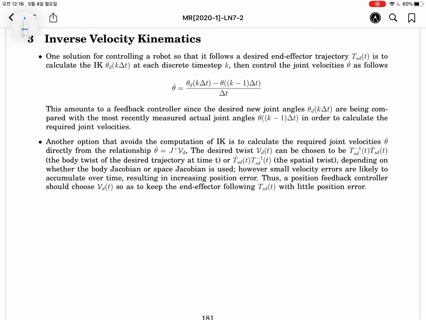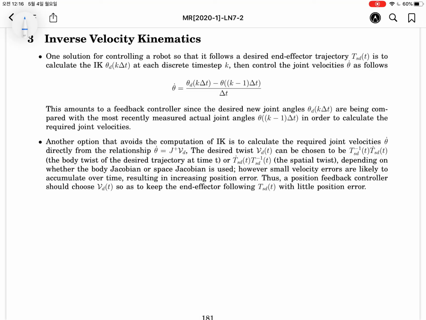Those kinds of mapping will be treated as a linear mapping. So this kind of linear mapping is very useful to provide a good solution at the level of the velocity. And then we will take the integration to obtain the configuration.